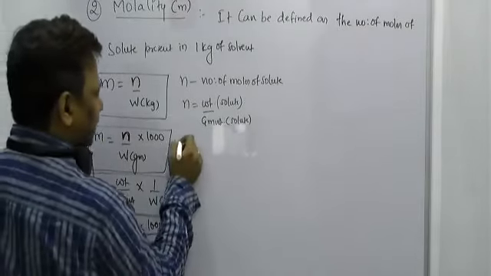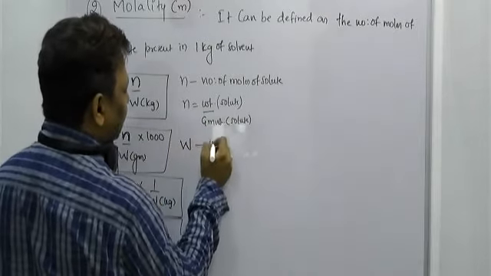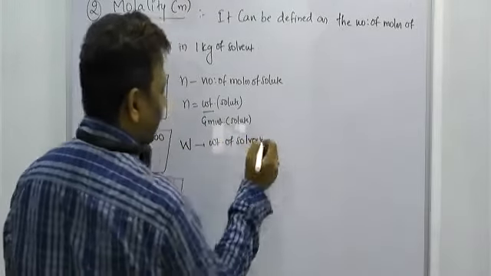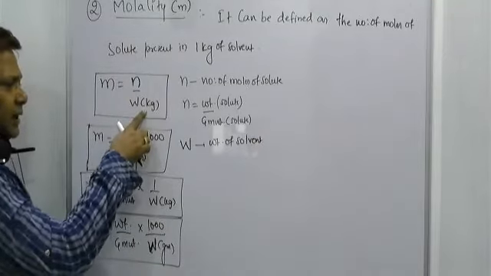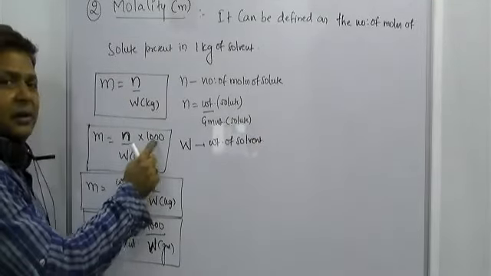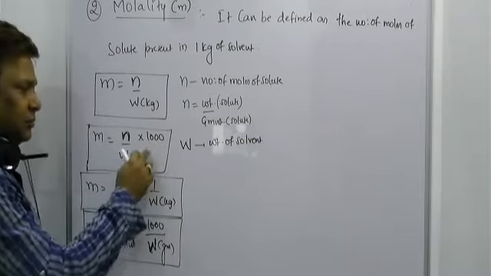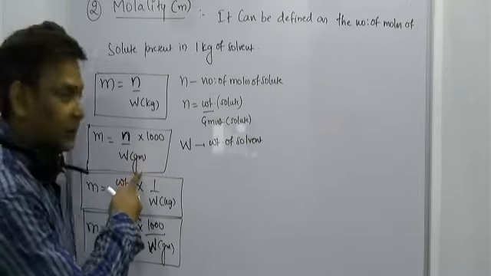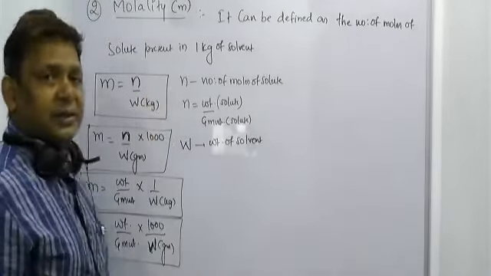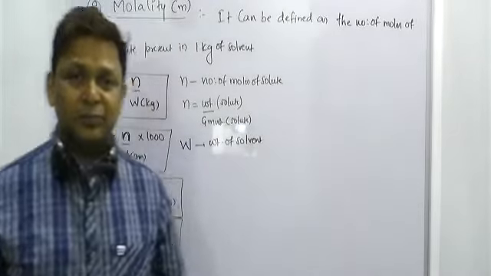What is this W? W indicates the weight of solvent. It may be in kg or it may be in gram. It depends. If it is in gram, multiply with 1000 here: 1000 by weight of the solvent in gram. But if it is in kg, 1 by weight of solvent in kg. Right? Chalo. Please note down up to here.